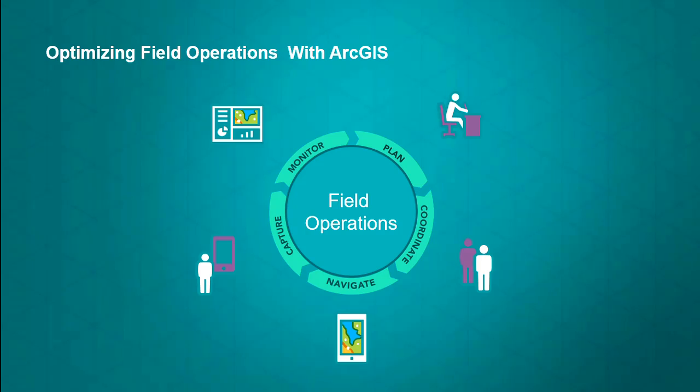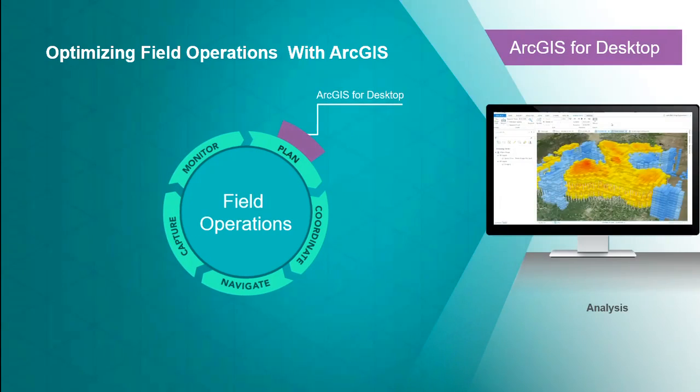Can a map really help me understand where people are, where they need to go, and coordinate these operations? How geography can help me help people get to places where they need to do their work? How GIS will provide to me the best tools possible to capture the data in the field efficiently? And finally, can actually GIS help me create a real-time view of my operations so folks in my organization understand what is going on? That's basically the tour that we are going to go through in this presentation.